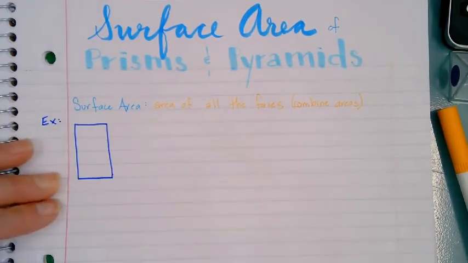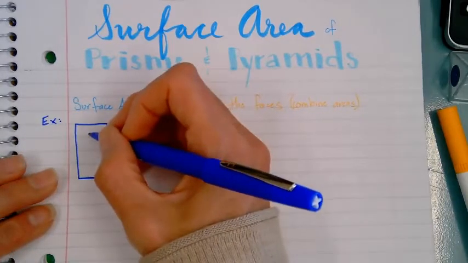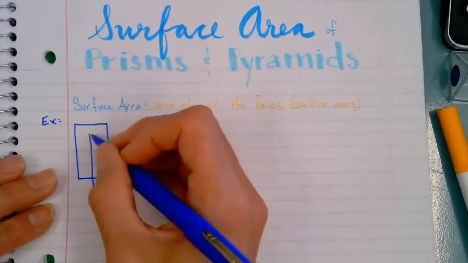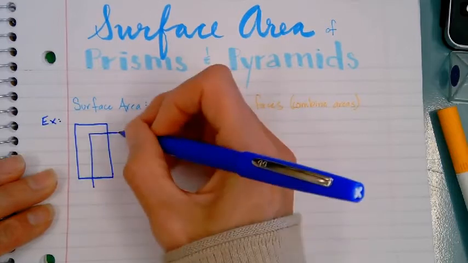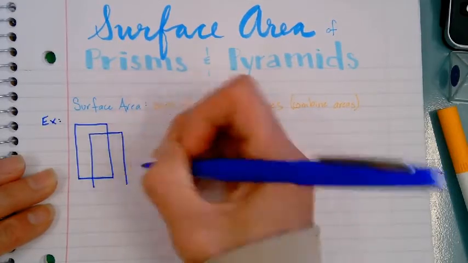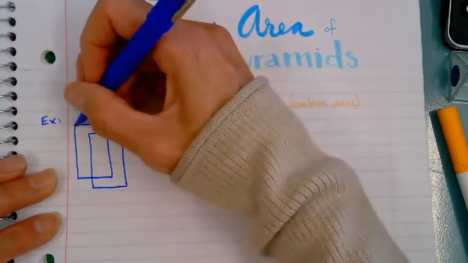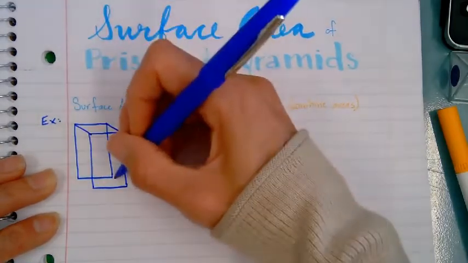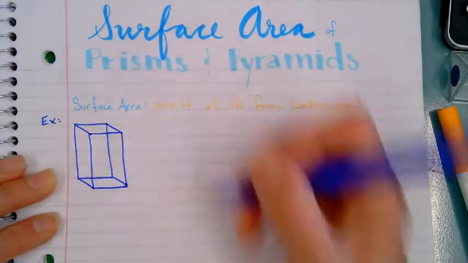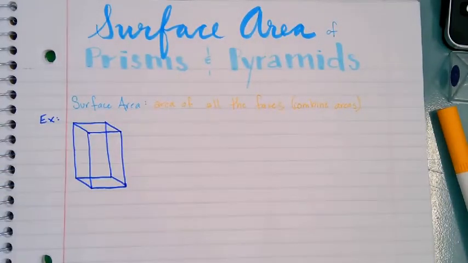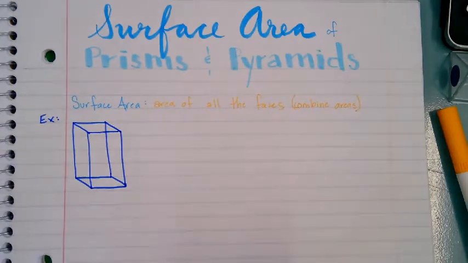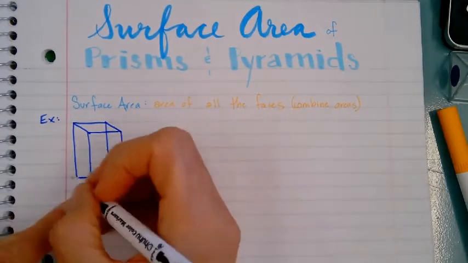So draw a rectangle and then draw the same exact rectangle, just a little below it, a little to the side. And connect your corners, corresponding corners. Okay, so this prism has some measurements that we're going to need to use.